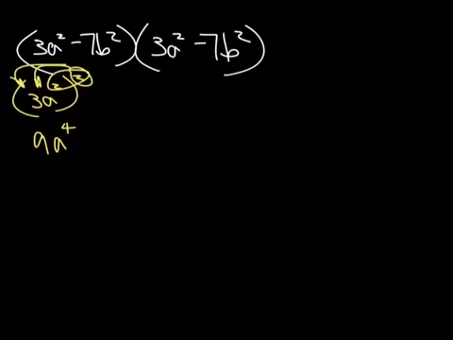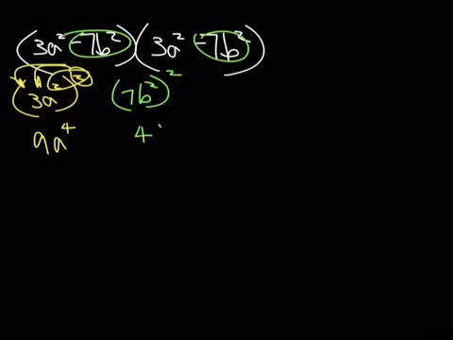Then we do the 7b and the 7b. So we square the 7, and we square the b squared, which is b to the 4th, and again, always a minus sign there. And we get that for an answer. And that is pretty much it.